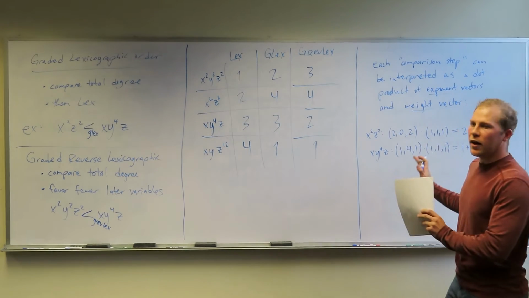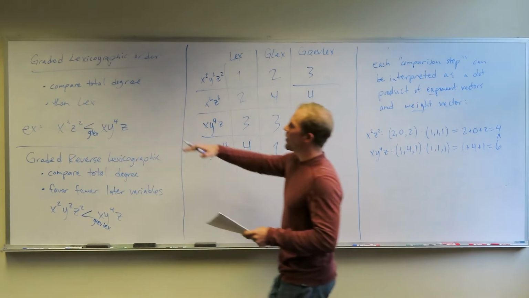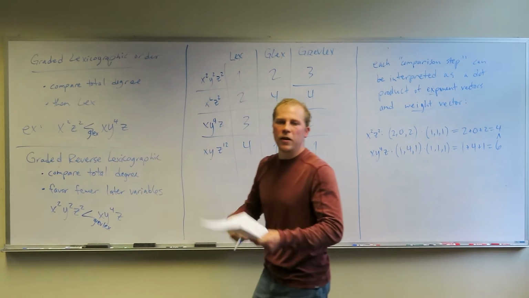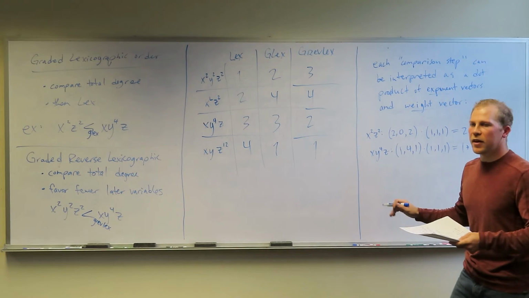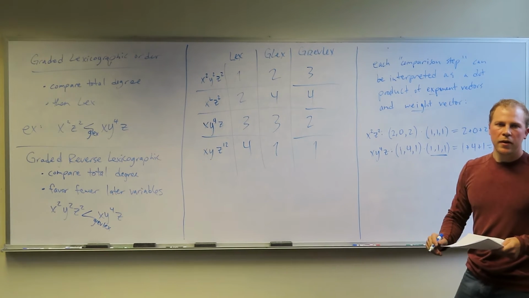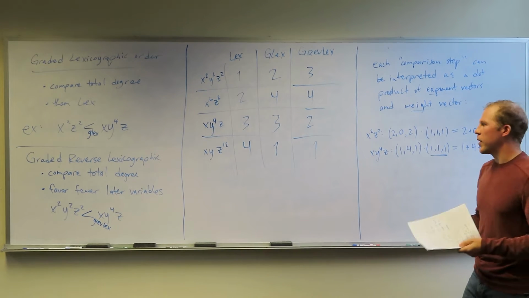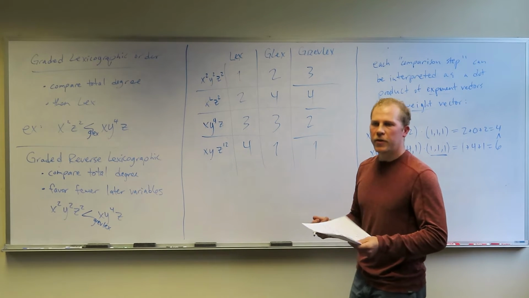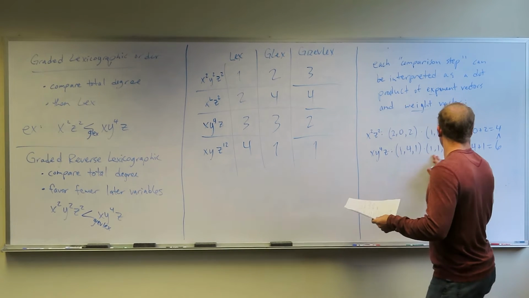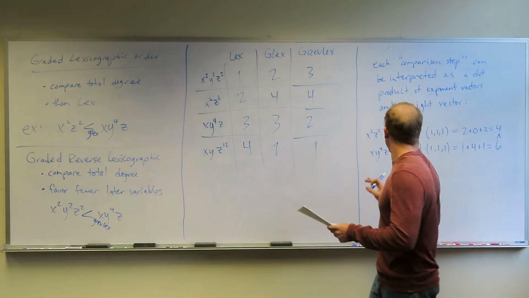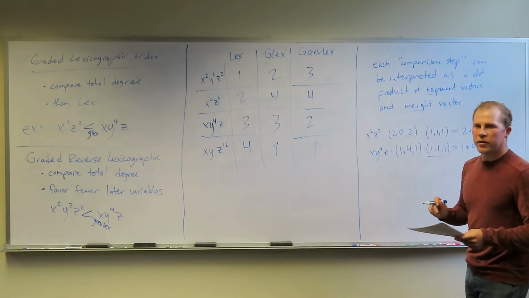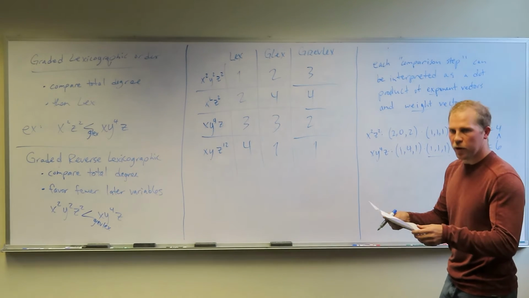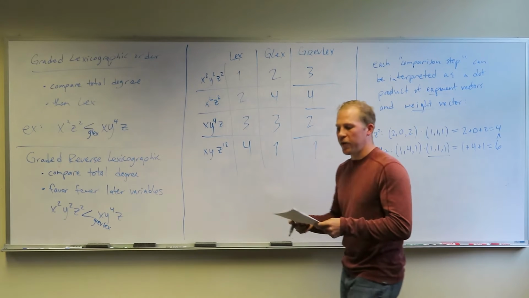And of course, if we had a tie, then we'd have to go to the next step, Lex, and we'd have to go through this process again with a different weight vector. That next weight vector would end up being 1, 0, 0, because we care about the x exponent. Okay? So we'll come back to this idea of weight vectors towards the end. It'll be important for seeing what the actual GrΓΆbner family is.